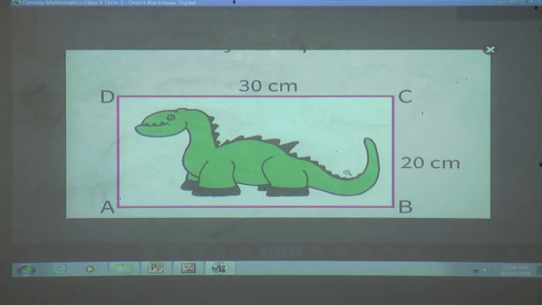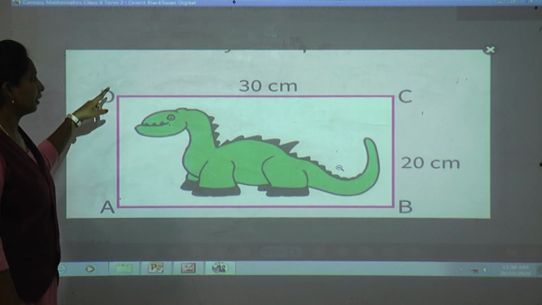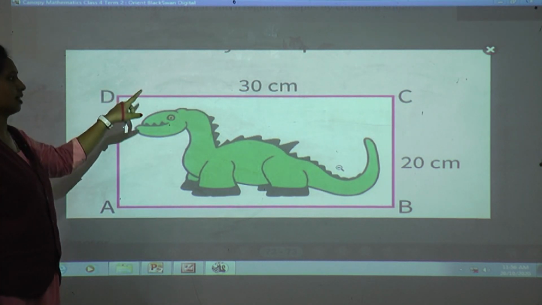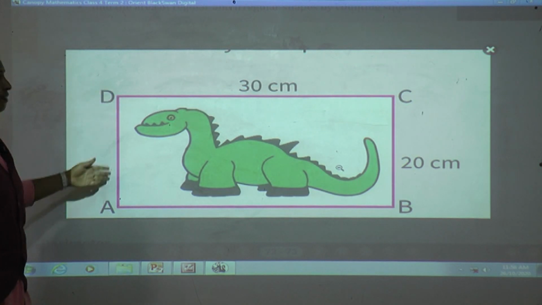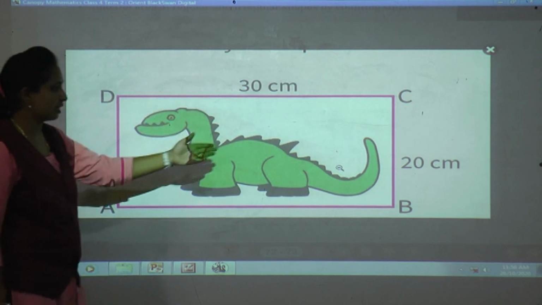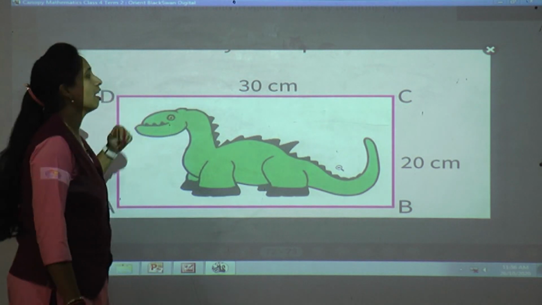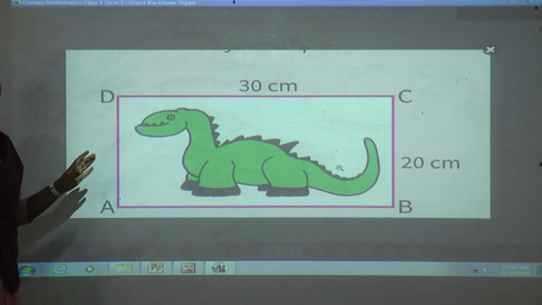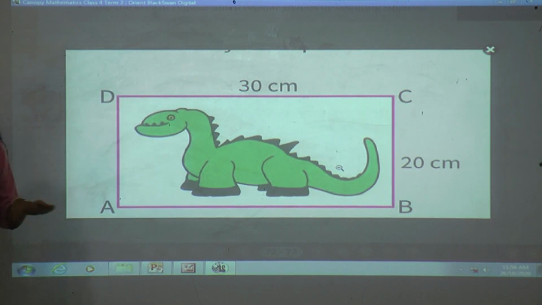See this activity you are going to do at home. What you have to do? You have to take one rectangle page where the length is 30 cm and the width is 20 cm.